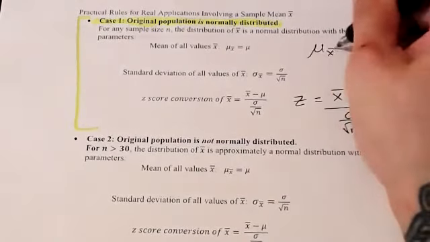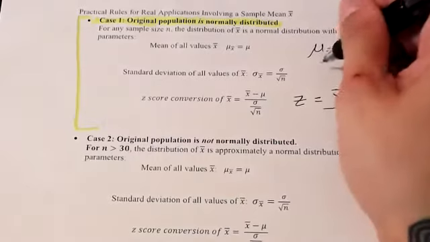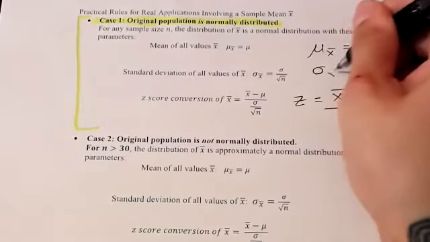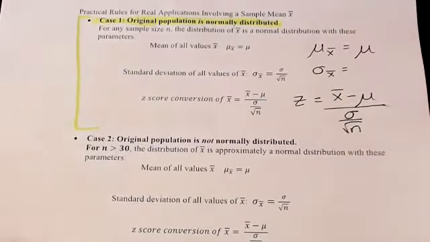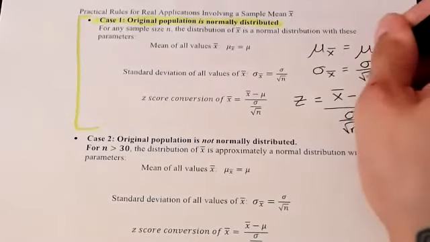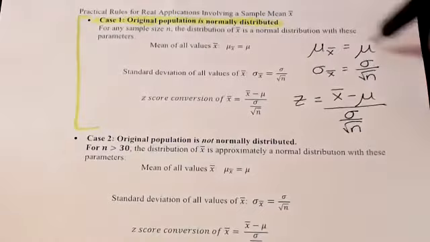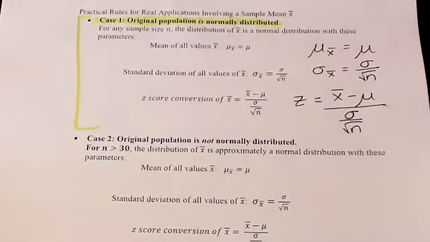So the mean of the distribution of sample means is the same as the population mean. And then the standard deviation of the distribution of sample means is going to be equal to the population standard deviation divided by the square root of n. I feel like writing it out is a little bit clearer, and you can use this as your key for case 1.